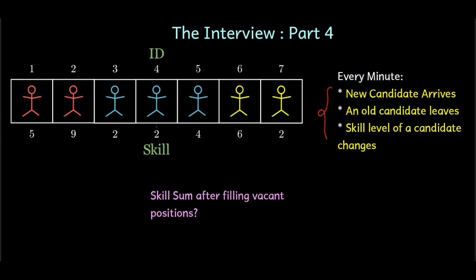That is, some people might upskill and they have a better resume now, or some people's skills have degraded over time. Now we have already discussed how to handle these two queries, but how do you handle the skill level change of a candidate? And that skill level change can either be in the rejection list or in the selection list. So take a minute to pause this video and think about how you would handle that.